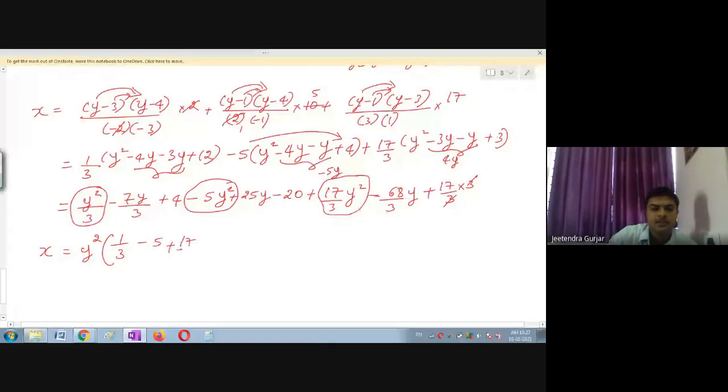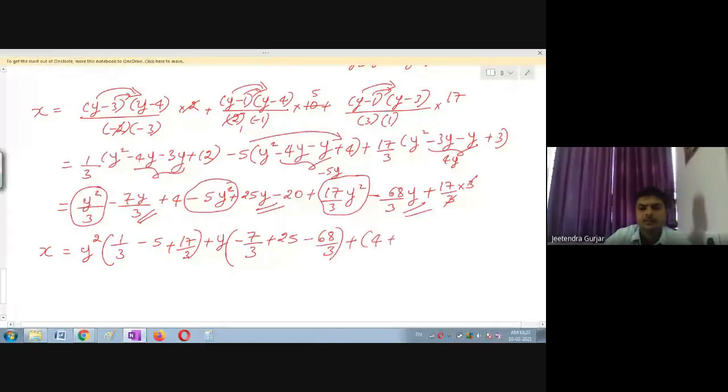Similarly, I will move to the next one. I will take here plus y in the bracket. This term is plus 25, and this term is minus 68 upon 3, plus the remaining 4 minus 20 and plus 17. Please tell me what are the answers we have.